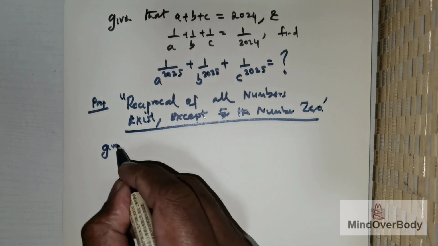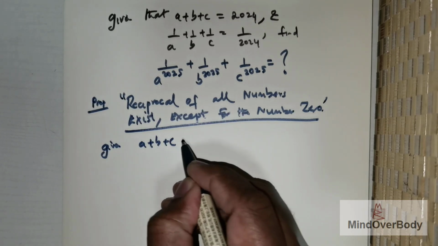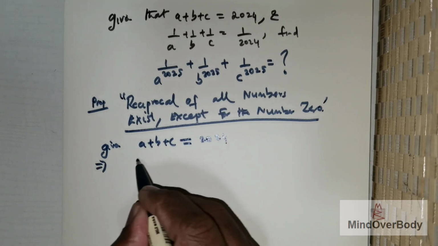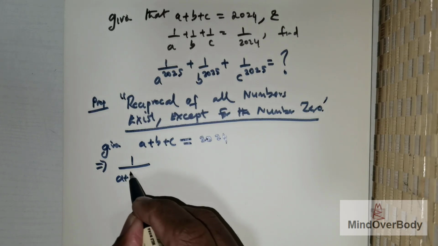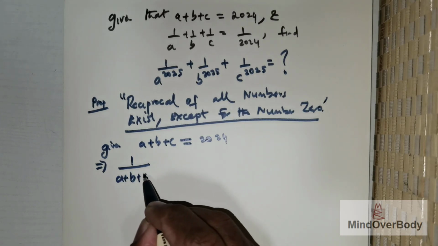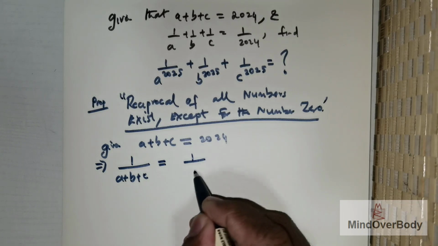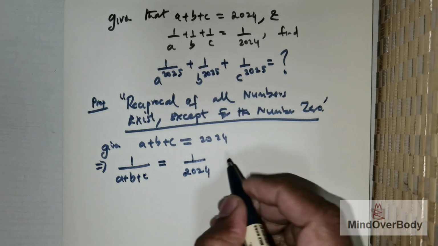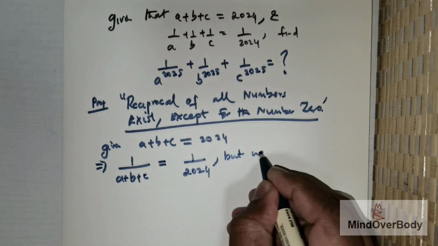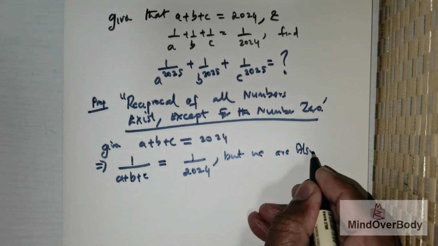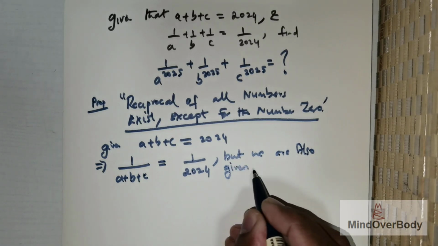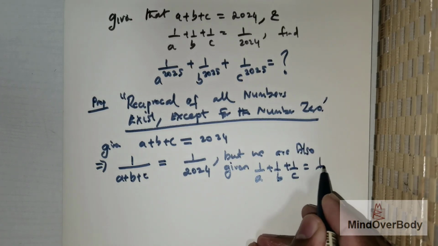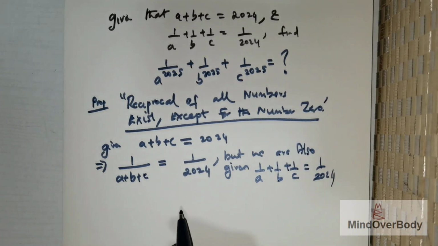Now we are given that a + b + c = 2024. So this is not equal to 0. This implies I can take the reciprocal of this: 1/(a + b + c) = 1/2024. But we are also given that 1/a + 1/b + 1/c = 1/2024.